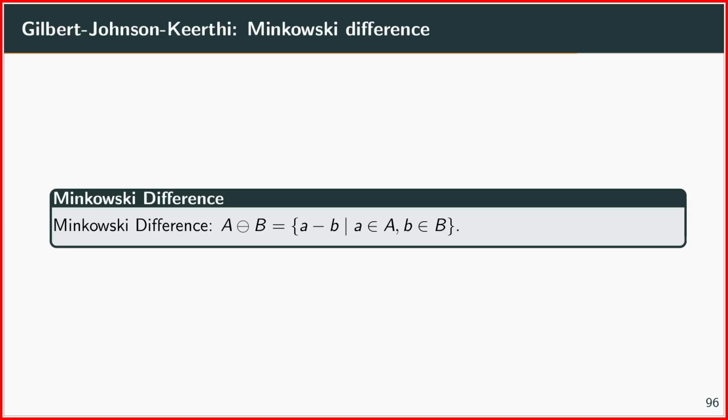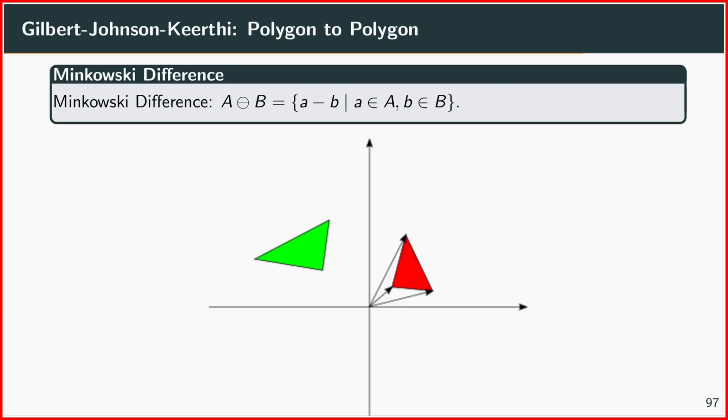The definition of the Minkowski difference is basically that you take all the combinations of points in A and B, and you take the difference between them. For our example here, the Minkowski sum would look like this. We take all the points in the red triangle, we take all the points in the green triangle, and we just add them up.